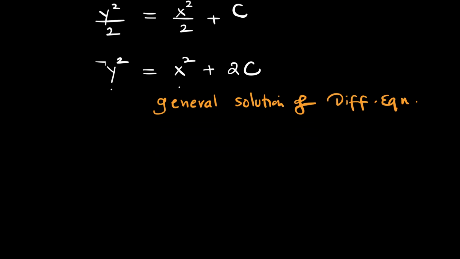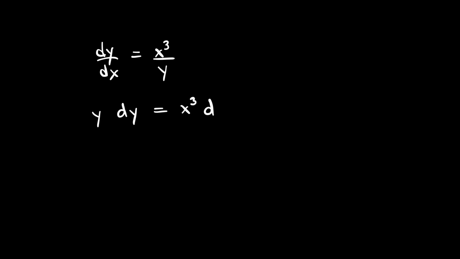Let's try out one more question. Something like dy by dx equals x cubed over y. y goes with dy, x cubed goes with dx. Integrate both sides. y after integration becomes y squared over 2. x cubed after integration becomes x to the power 4 over 4 plus a constant of integration c.